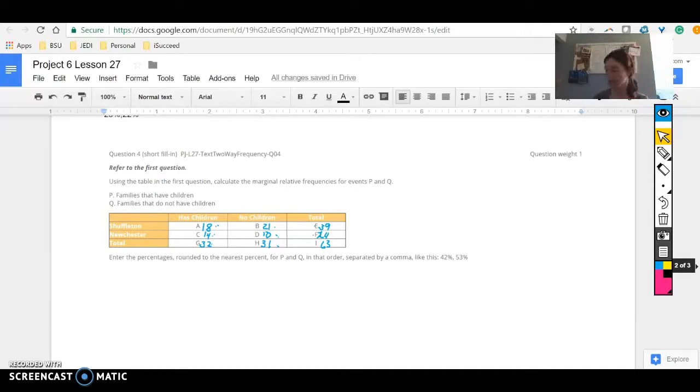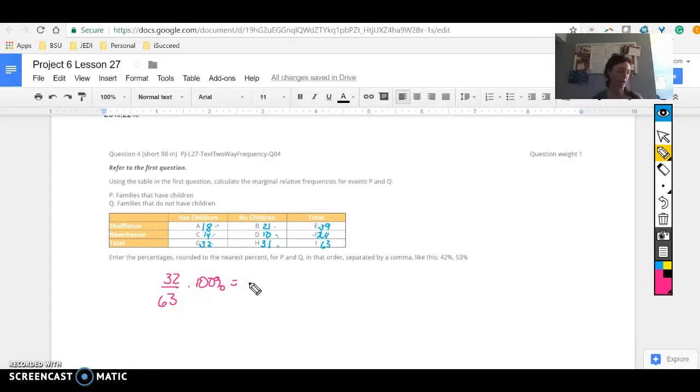So we're going to look at the total number of families that have children, which is 32. Okay, so 32 families have children. That's point G there. It's the total of families that have children, divided by the total number of families, which is 63, and then multiplied by 100%.